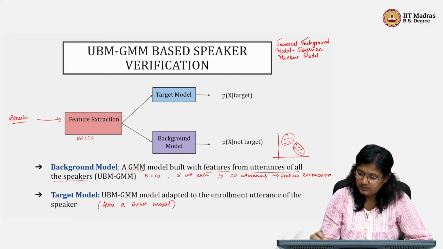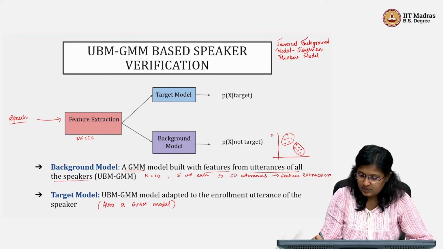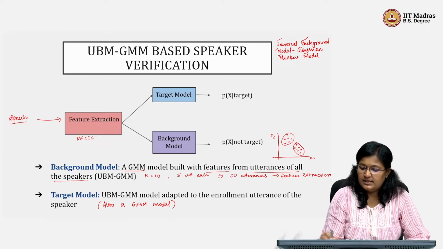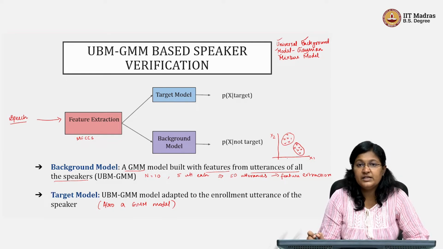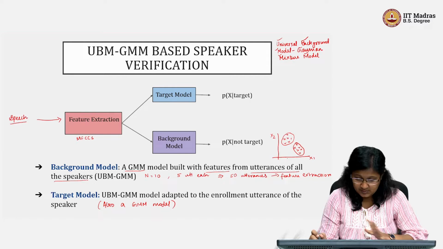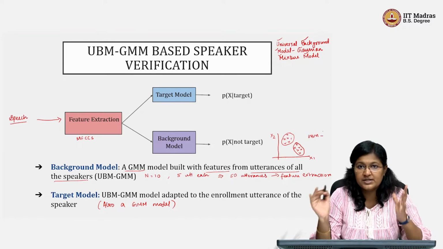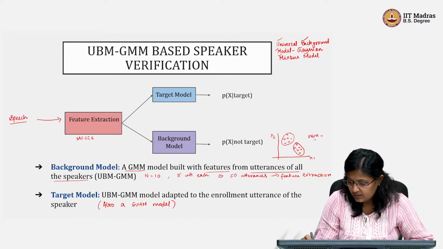Let's say this is the GMM, with axes x1 and x2, that I built with all the utterances of all the speakers together. So this GMM I will call the UBM-GMM, universal background model. Universal, all speakers.